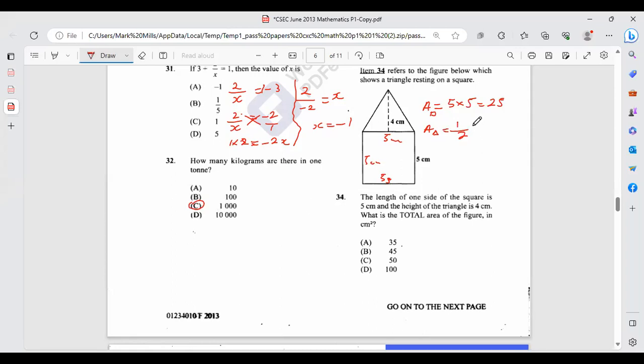The base is 5, and the height is 4. So 2 goes into 4 two times, 5 times 2 gives 10. So how do I get my answer? Add the 10 plus the 25, which gives me 35. So that's A. All right.